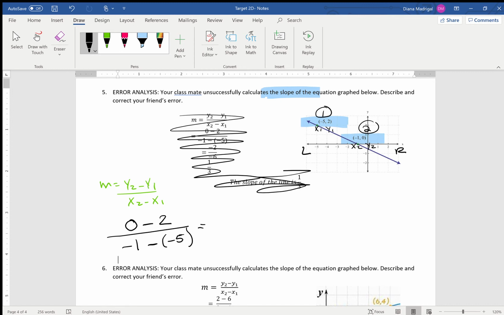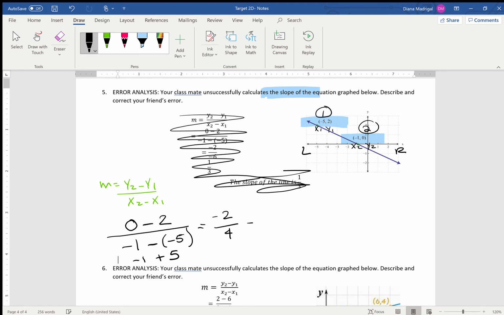All right, so then 0 minus 2 obviously gives me -2. And then remember, 2 negatives become positives. There's -1 plus 5 because of those two negatives together. So -1 plus 5 actually gives me 4.